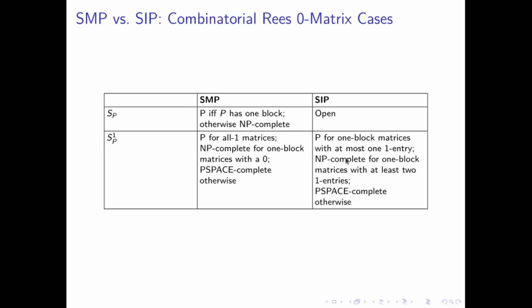And we have a similar classification, but somewhat different. It's in P for one-block matrices with at most one entry, NP-complete if you have more than one entry, and PSPACE-complete when you have more than one block.